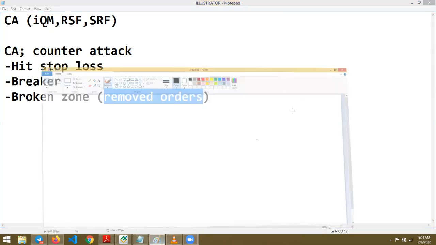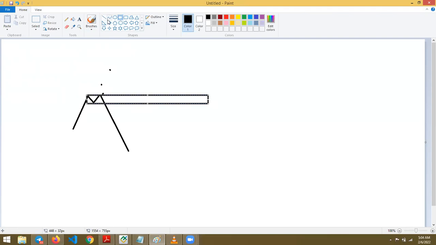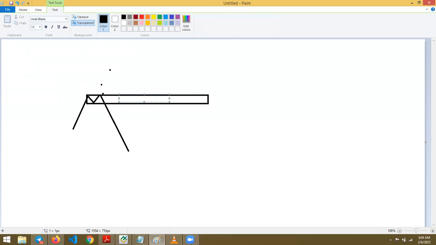Let me illustrate. If we had a zone here, the zone there. Now along this zone here, we have what we call unfilled orders, right? Unfilled orders. Simple.